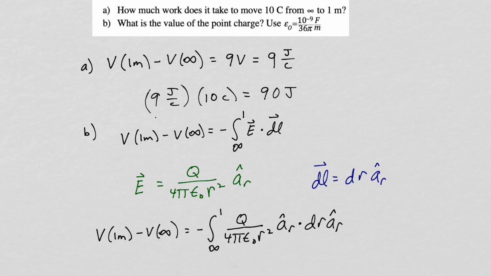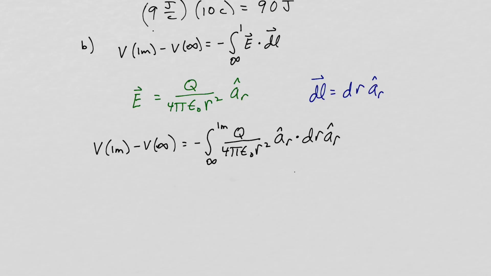So we substitute for E and substitute for our differential length. So we'll factor out our constants. AR dot AR will just be 1. So our integrand will be dr over r squared.